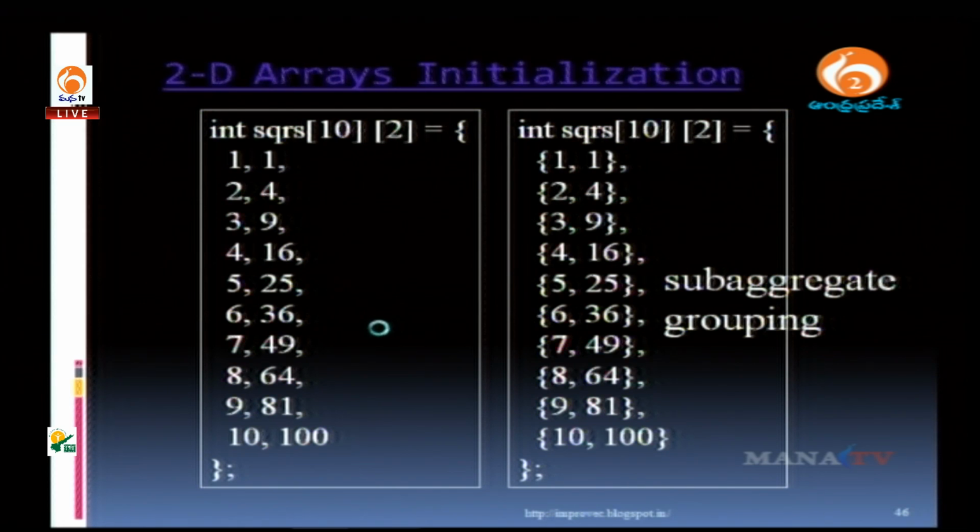This is two-dimensional array initialization. We can write it in two ways here. For better understandability, we write something like this on the right hand side. This is subaggregate grouping. This one is not subaggregate grouping, we are writing directly. This is subaggregate grouping.